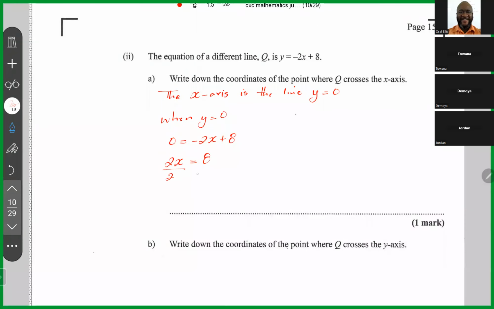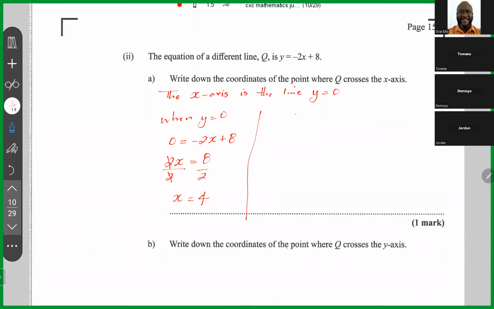Divide both sides by 2. And now we get x is equal to 4. So the value of x at the x-intercept is 4, and obviously the value of y is 0.